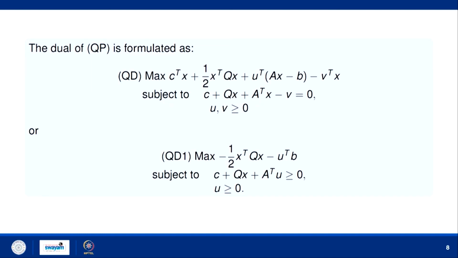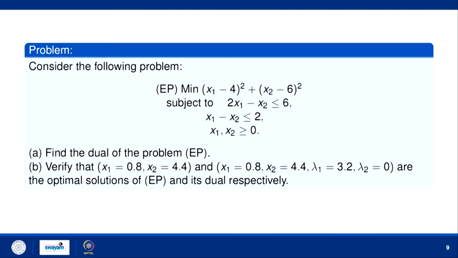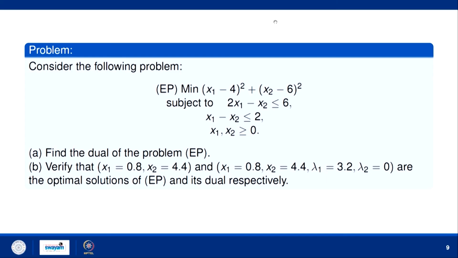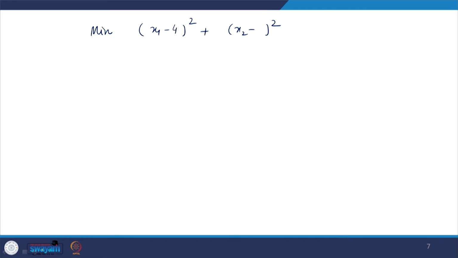Okay. So, let us take a problem now. Suppose you have this QPP and you want to write a dual of this QPP. So, how can you write it? What is the QPP now? It is minimization of (x1 minus 6) whole square plus (x2 minus 4) whole square, subject to what equations?